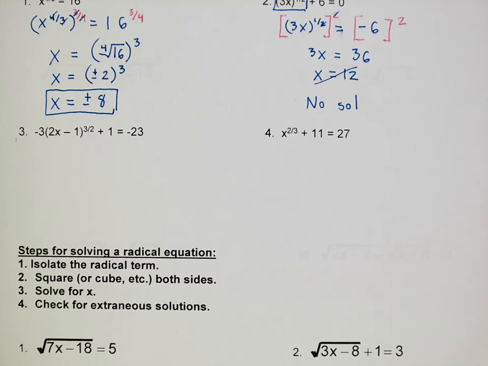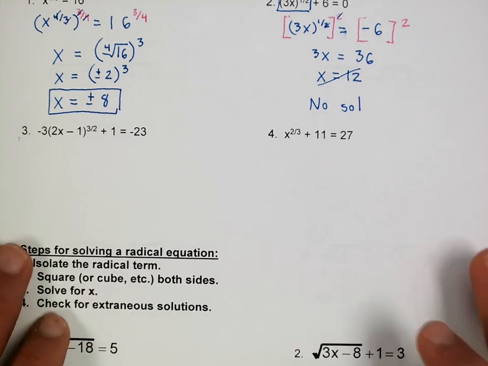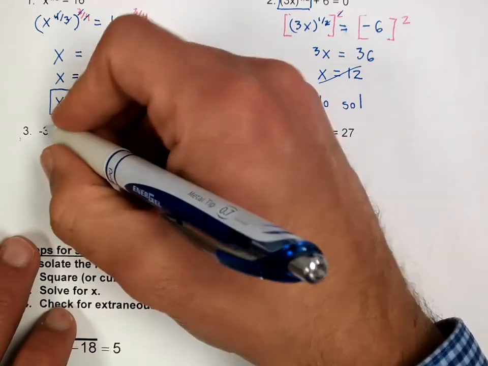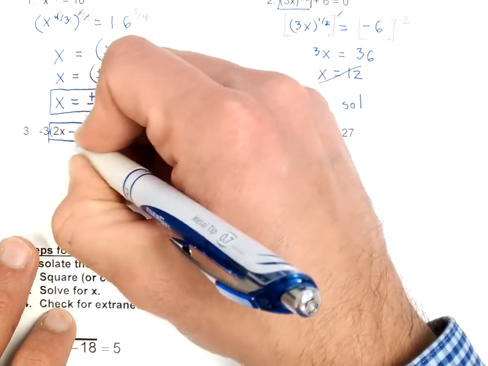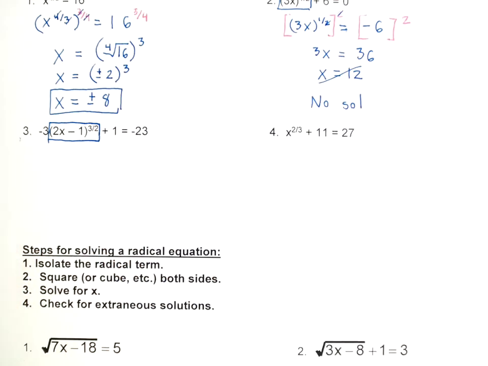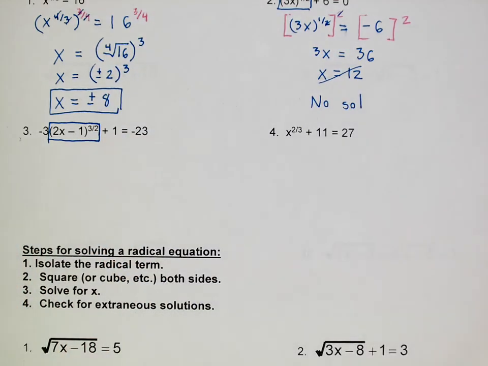Now on number 3, same idea, we're going to try to isolate the term that has a rational exponent first. Alright, so remember, this is the term that has a rational exponent. So everything else, the 1 and that negative 3, I need to get rid of it. So we're going to start off by subtracting 1.